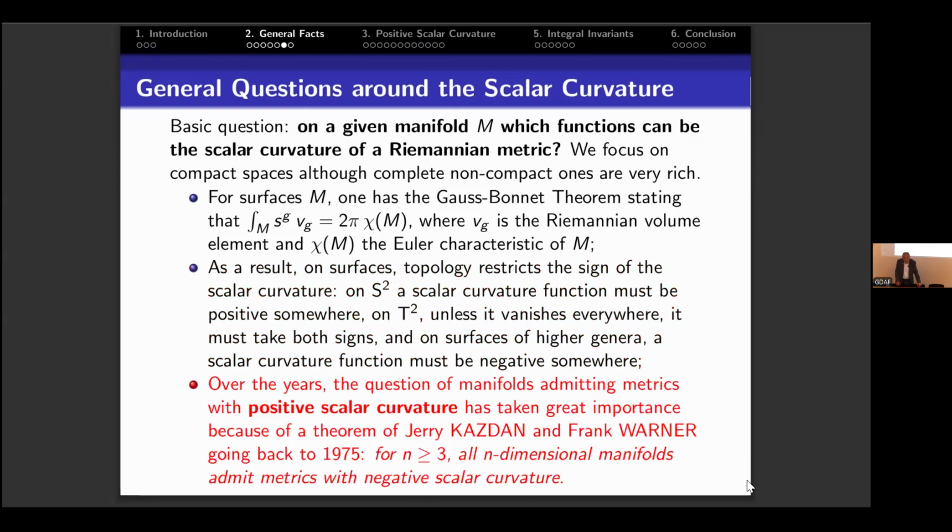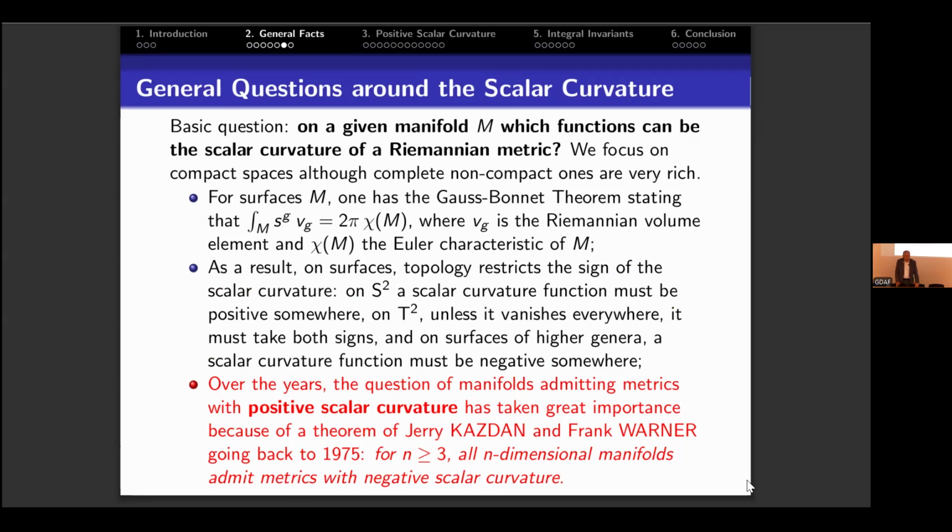And over the years, the question of manifolds admitting metrics with positive scalar curvature has taken great importance because of the theorem of Kazdan-Warner, going back to 1975. They showed that as soon as you are in dimension at least 3, then all manifolds admit metrics with negative scalar curvature.